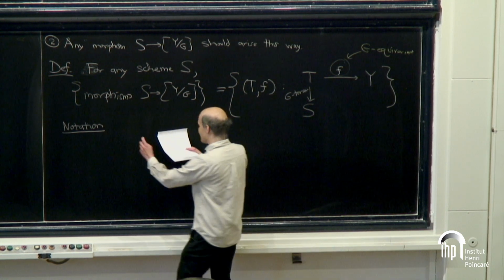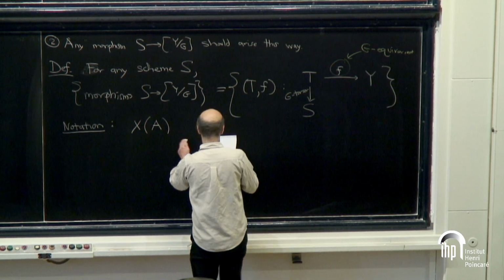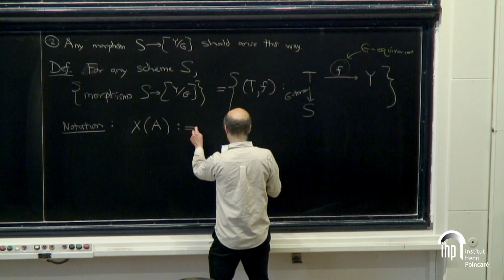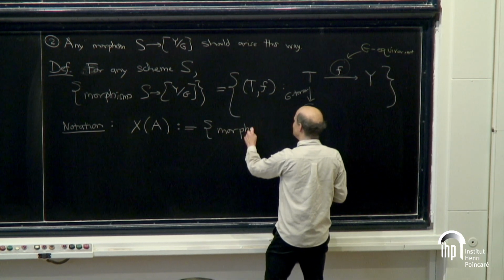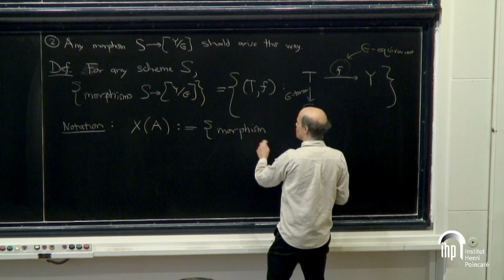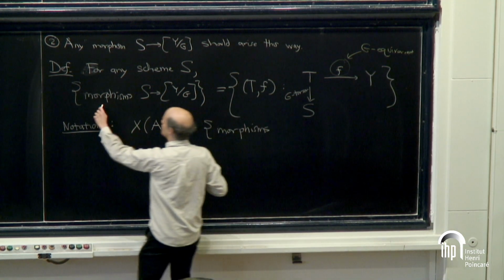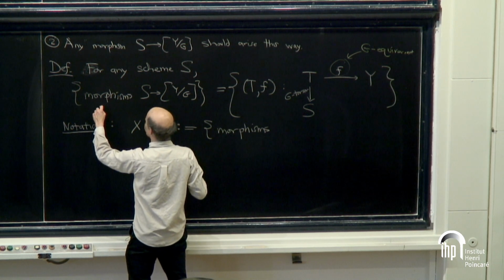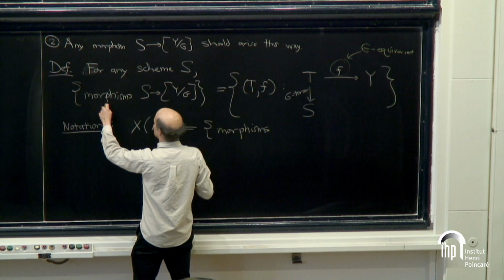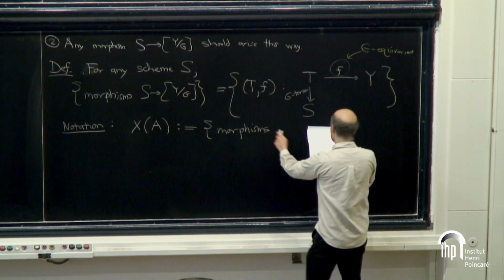In the context of any stack, I'll define this to be the set of morphisms. These are the objects of some category, and then there are the morphisms of morphisms.